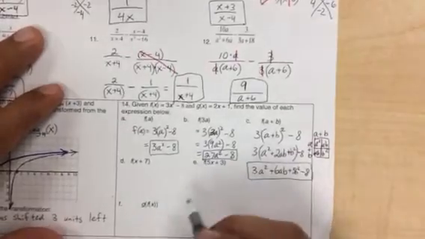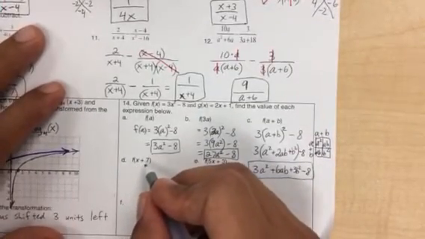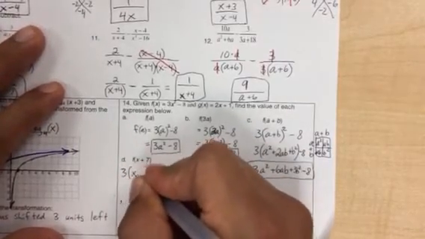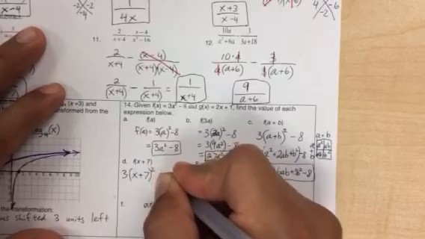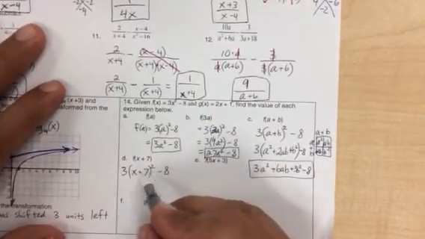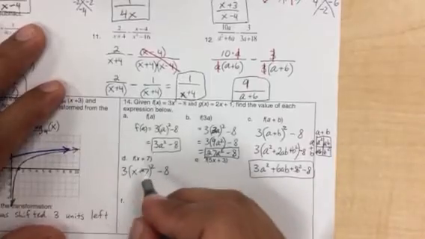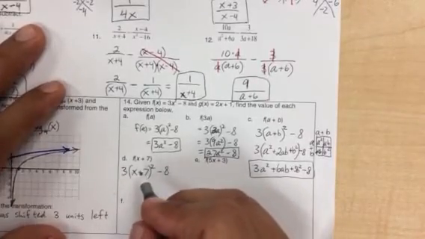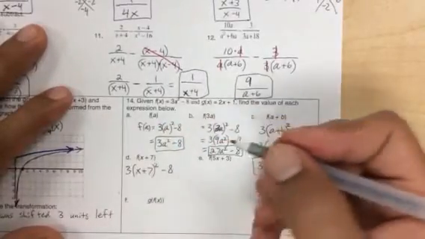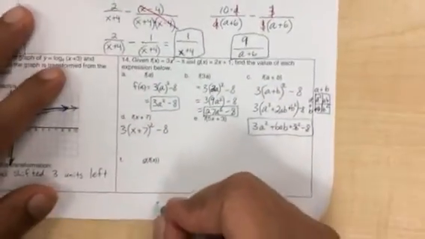Okay. Now for f of x plus 7, this one we're going to plug in x plus 7. It's being squared minus 8. So same idea as right here. We have x plus 7, so it's going to be a 2 by 2 area model, or it's a binomial. So let me do this over here on the bottom.